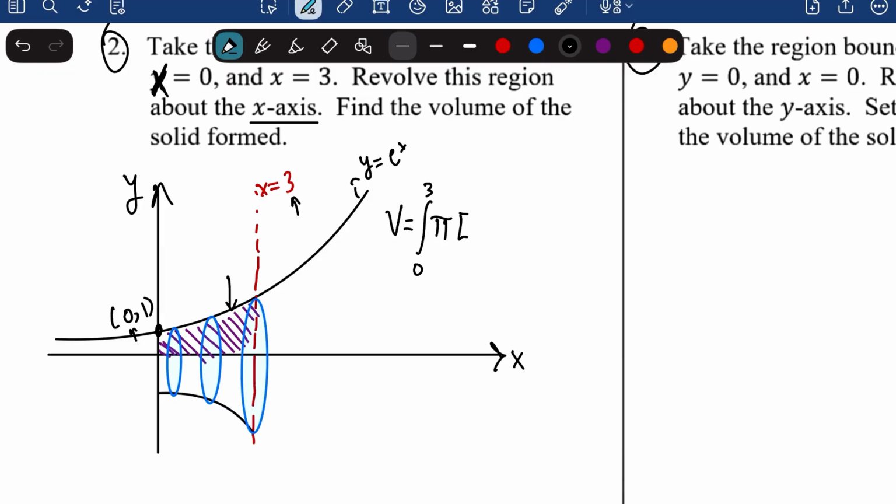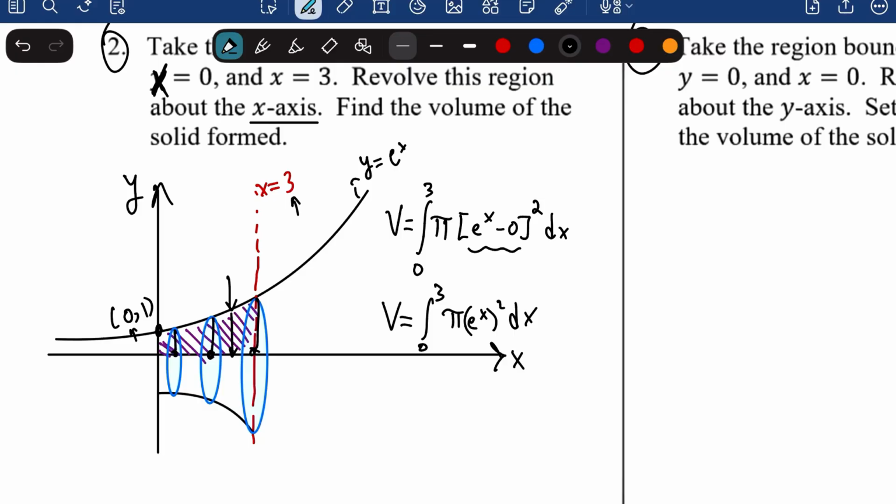It touches y is equal to e to the power of x first, and then it touches the x-axis, which is y is equal to 0. So e to the power of x minus 0, to the power of 2, dx. That is my radius function, which you can see over here. Okay, so that's basically just the integration.